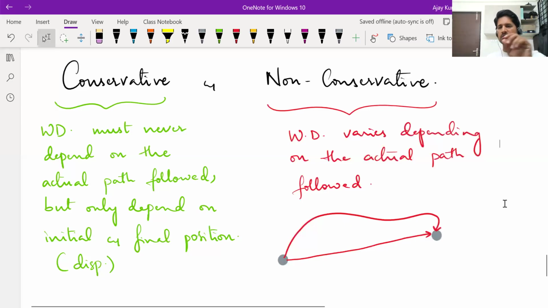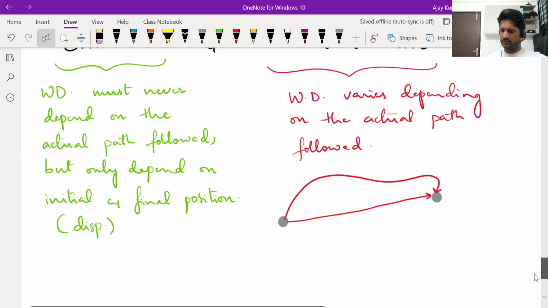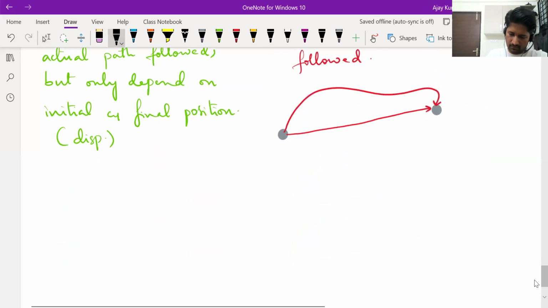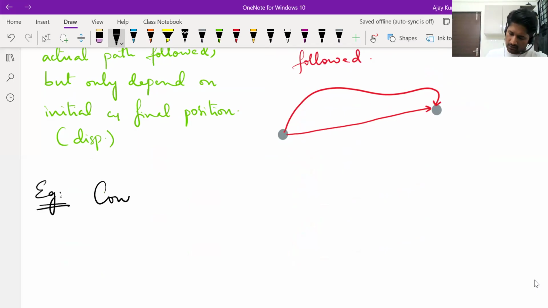So whether a force is conservative or not depends on the work done by it along different paths. Based on that, you will be able to judge whether it is conservative or not. Let's consider an example. Example of what? You will only tell. Let's consider a constant force.